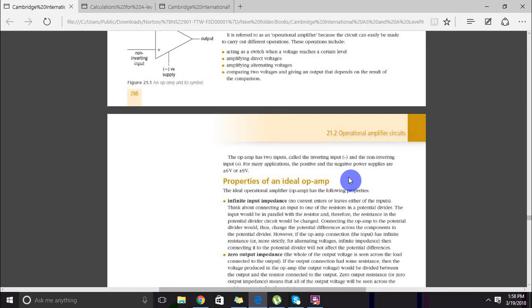So 1 over infinity is 0, and 0 has no impact on the effective resistance. So it's not going to impact the distribution of potential difference.